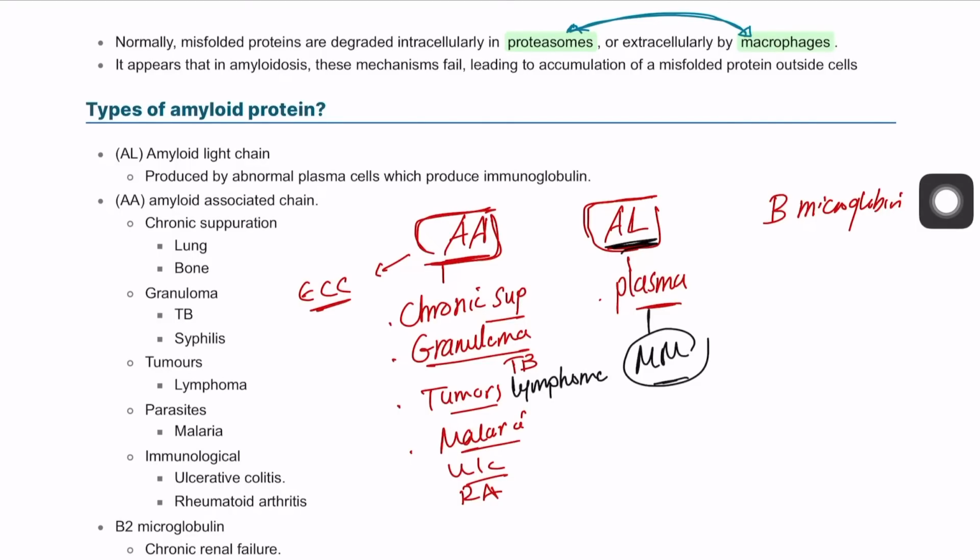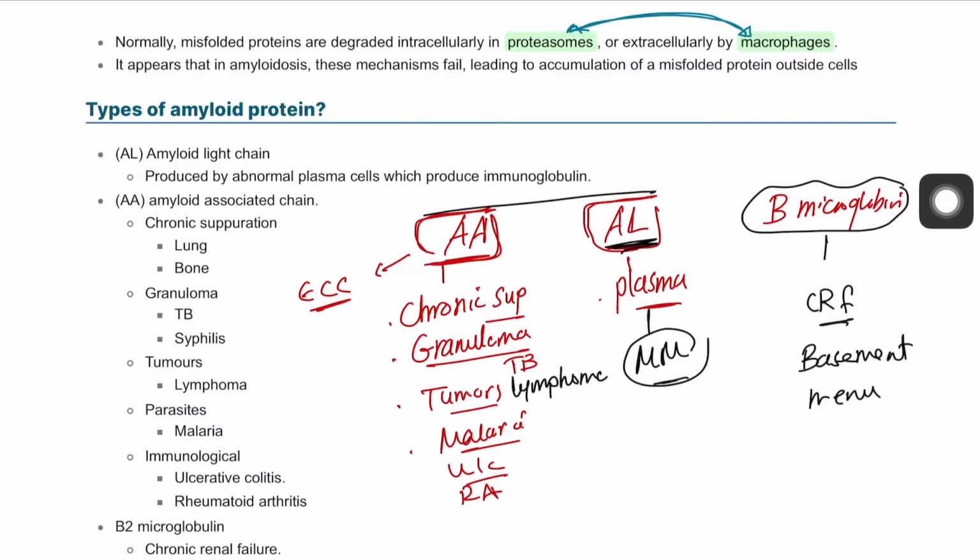Beta 2 microglobulin, on the other side, will form in patients with chronic renal failure. So that will deposit in the basement membrane of the glomeruli. But the commonest two are amyloid-associated protein and amyloid light chain protein.